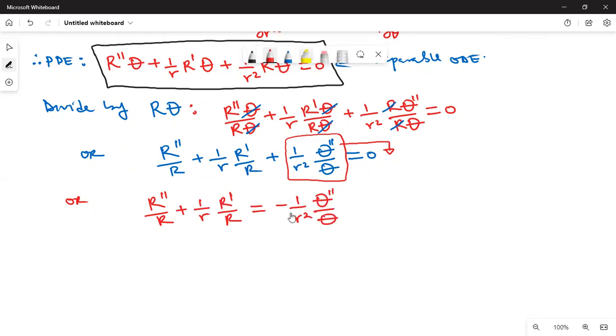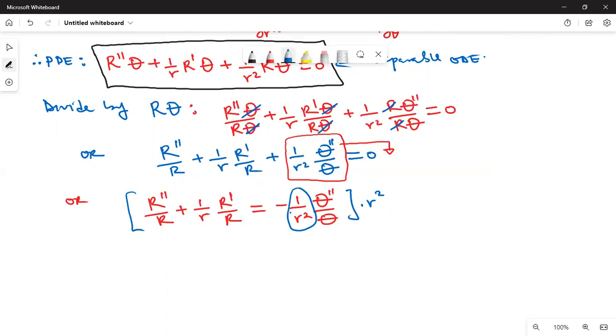But you see, on the right-hand side, I only expect a function of theta only. So I have to get rid of this 1 over r squared. So I'll multiply both sides of this equation by r squared.